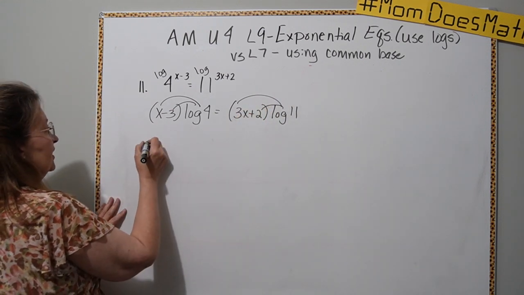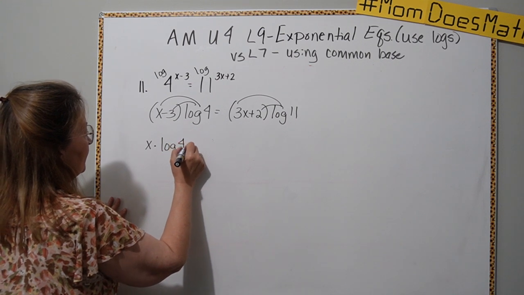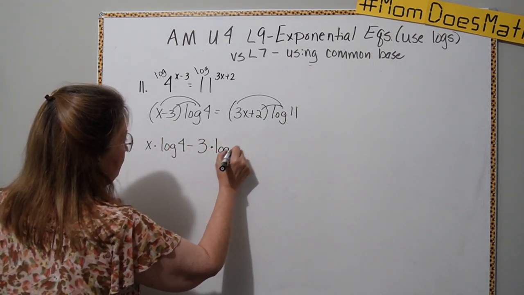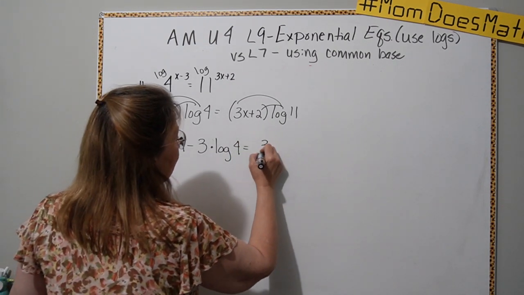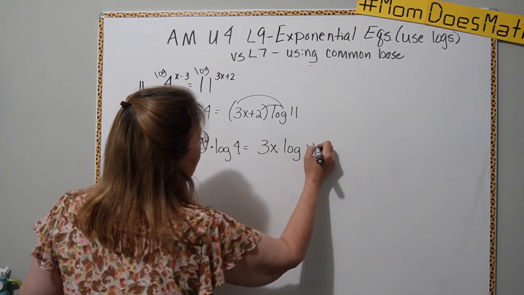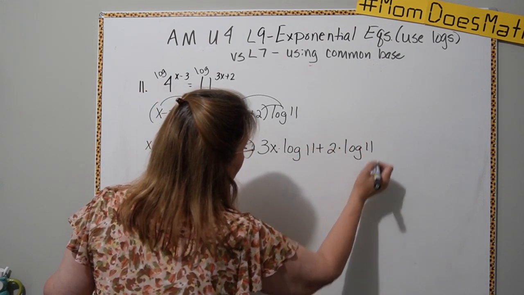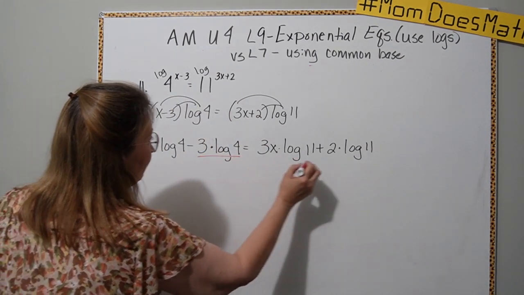So this is going to be x times log 4 minus 3 times log 4. And then over here, I'm going to have 3x times log 11 plus 2 times log 11. Now, and you keep in mind what's already a number.